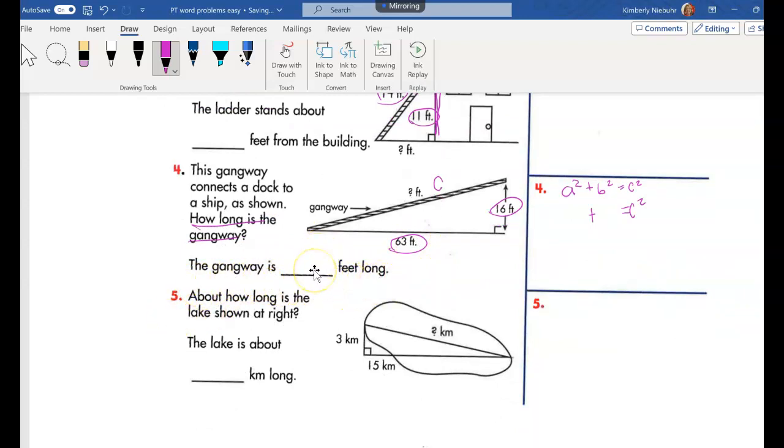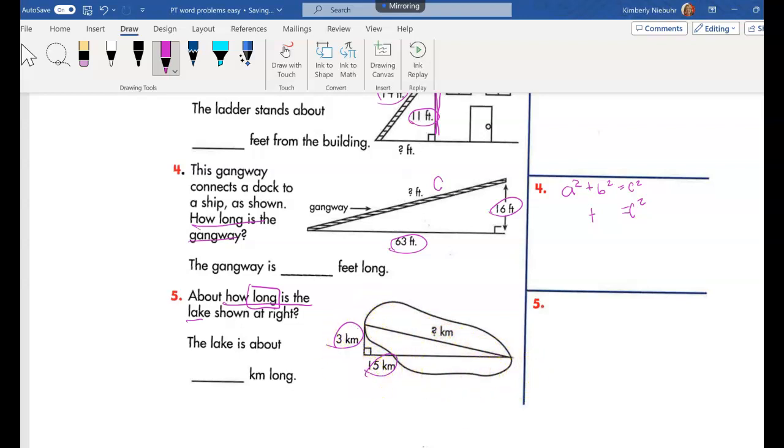Fill in the blank. Number 5, about how long is the lake shown at the right? So how long is it? Long, I'm gonna box that term. Circling numbers, and wow, okay, that's the longest side, isn't it? We can see that.